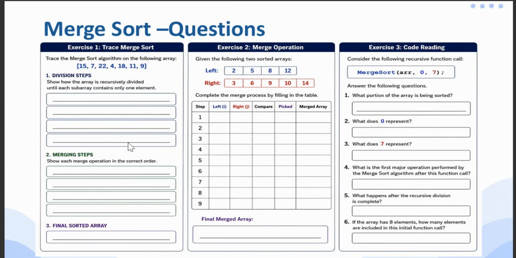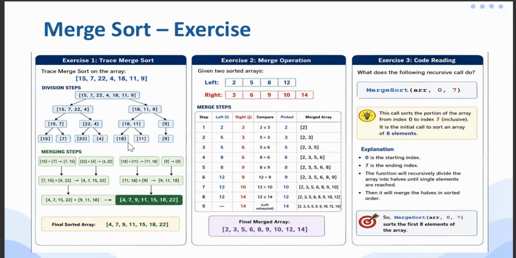So the first question was, trace the merge sort algorithm on the following array, right? So what we will do? We have 15, 7, 22, 4, 18, 11 and 9, right? We split the array into two halves.